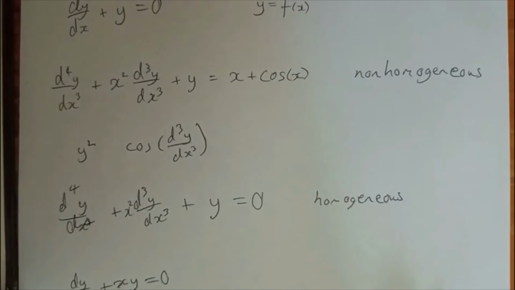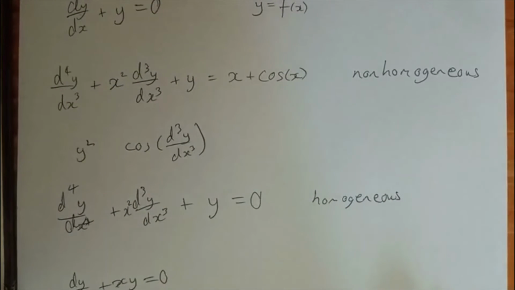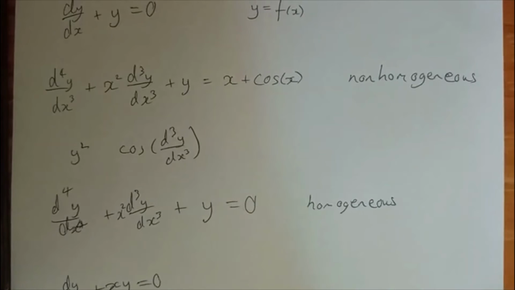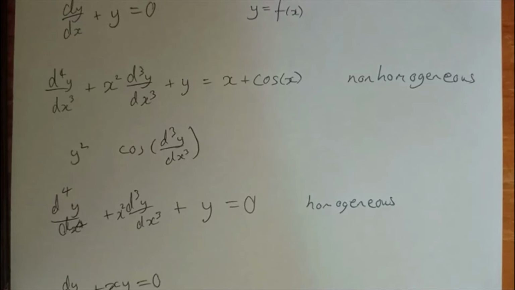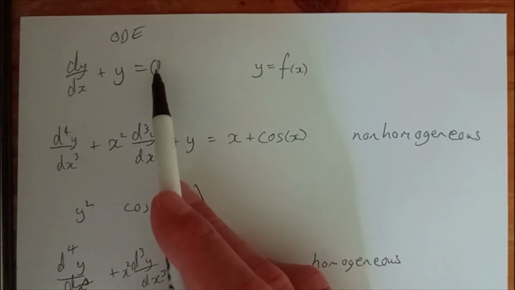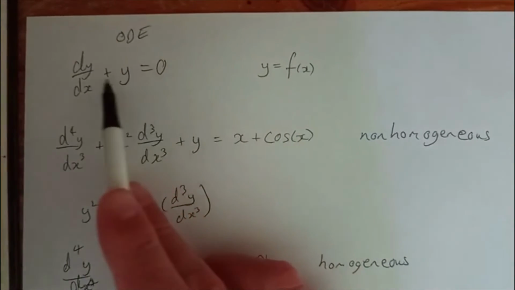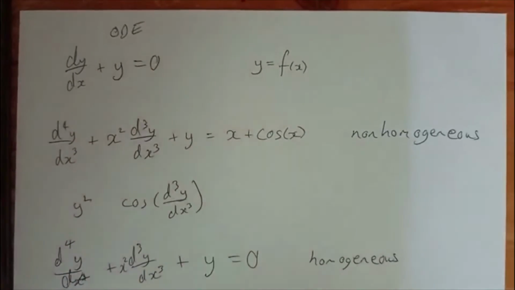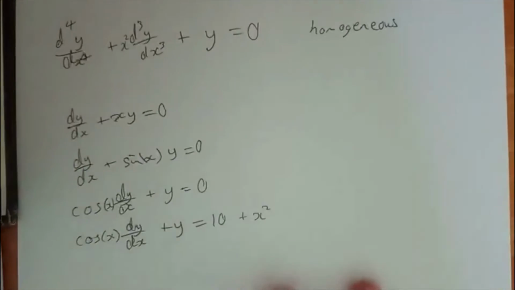Okay, so I've explained a bit about different types of differential equations, ordinary differential equations. Remember, the goal is to find some function of x such that the differential equation is satisfied. That is, that the right-hand side equals the left-hand side. So for this first one, we need to find, as I said before, a function for which the derivative plus itself equals 0. In this case, this is fairly easy.